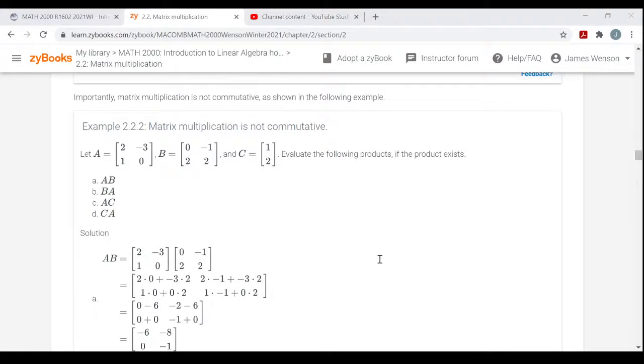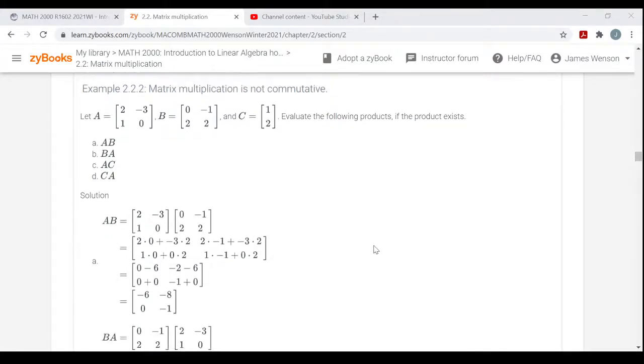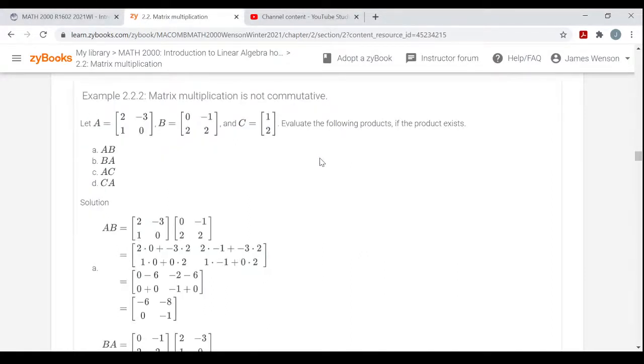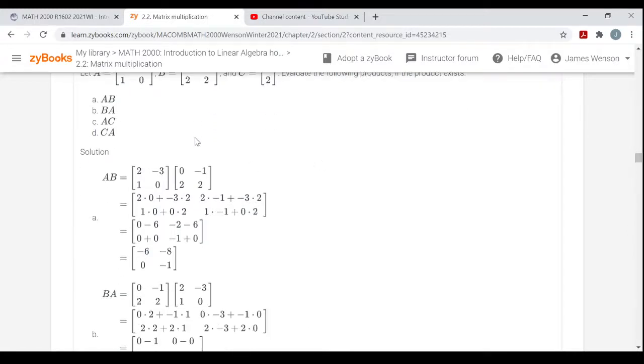All right, this is another example to show you that, remember I've been saying it, order matters. Matrix multiplication is not commutative, meaning that A times B is not going to be the same all the time as B times A. You can see that with this example here.